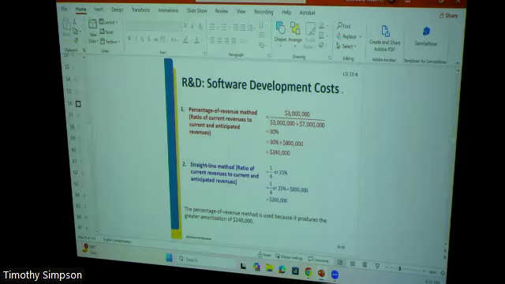If we simply did straight line, we're saying it's a 4-year life, so 1/4 is 25%. 25% of 800,000 is 200,000. And we get to choose the greater of 240 or 200. We're probably going to take 240, and we're going to choose that method because it produces the greater amount of amortization expense. So that's how we would do that.